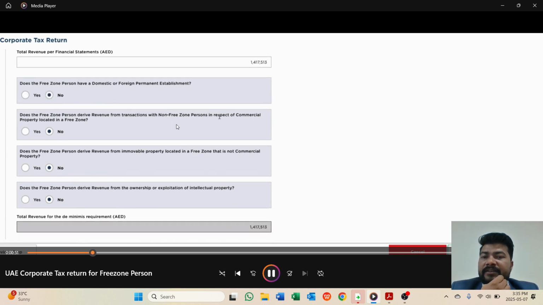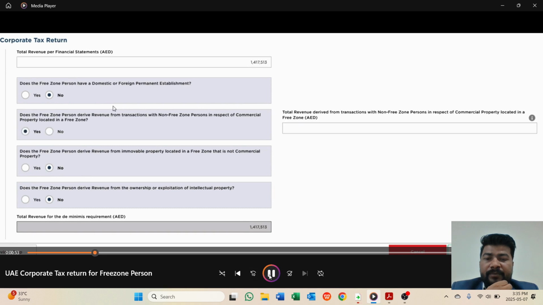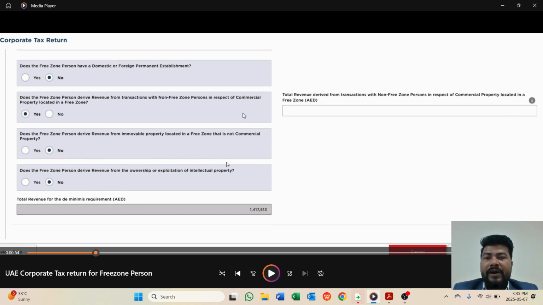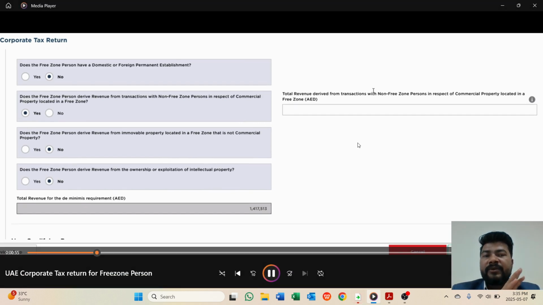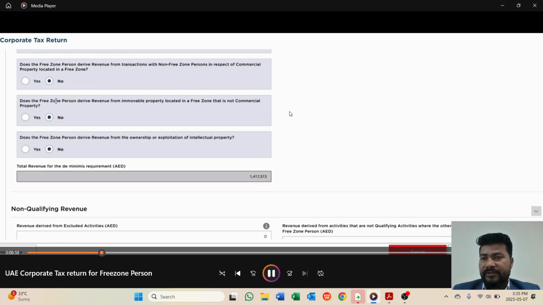Again, in the case of commercial property located in the UAE, I will explain later why I am saying this. If you have any commercial property located in the free zone, and that commercial property is transacted with a non-free zone person, it will be non-qualifying income, and that non-qualifying income should be mentioned here. How much is the turnover attributable to that commercial property dealt with non-free zone persons?